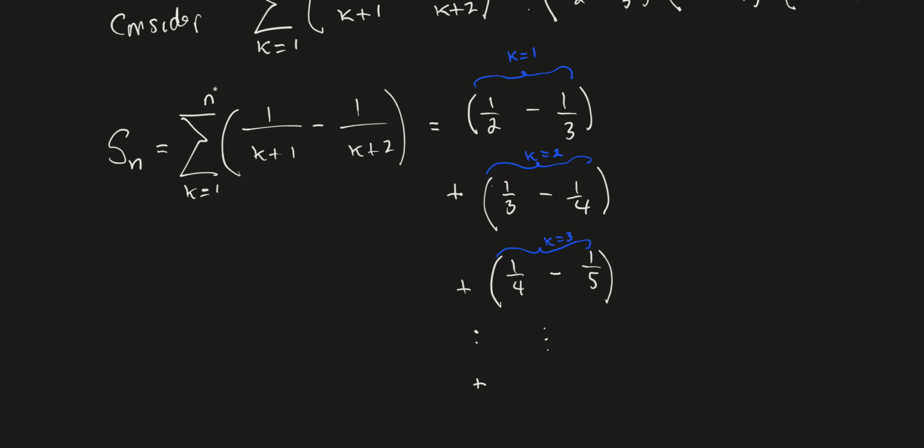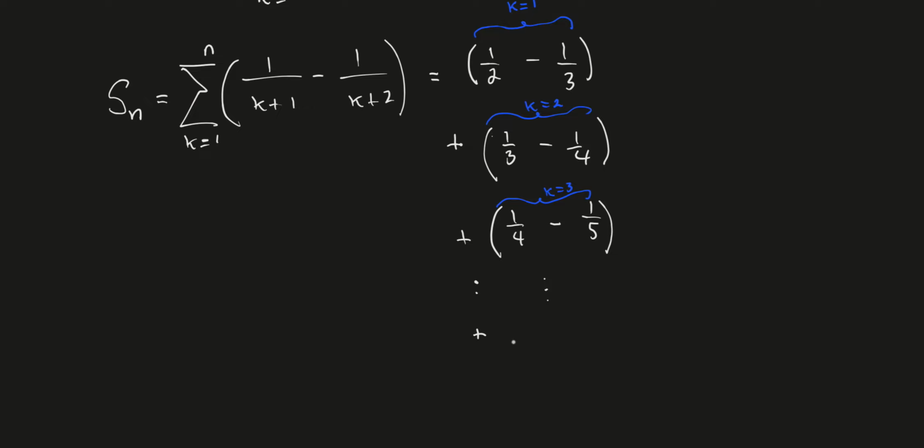And I'm not going to write down the very last term. Let's write down the penultimate term. So let's write down what the expression is when k is equal to n minus 1, just before the nth term. So the n minus 1th term is the one that I'm going to write down here.